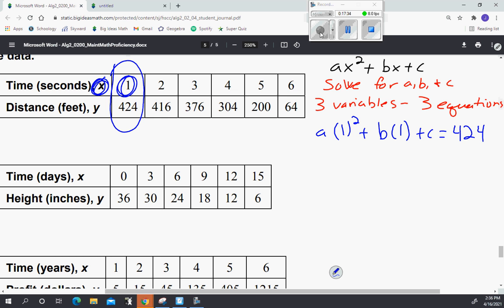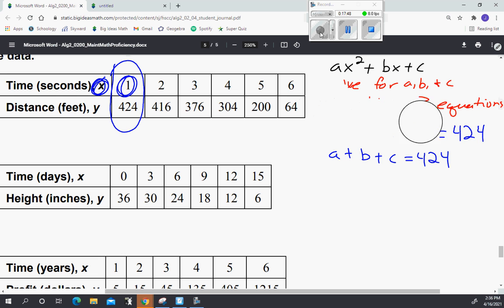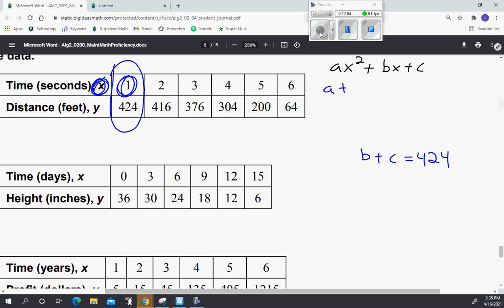That's my first equation, and I can simplify this. This is just a plus b plus c equals 424. I'm going to get rid of everything else just so I can create lots of room, because I will need a lot of room here.